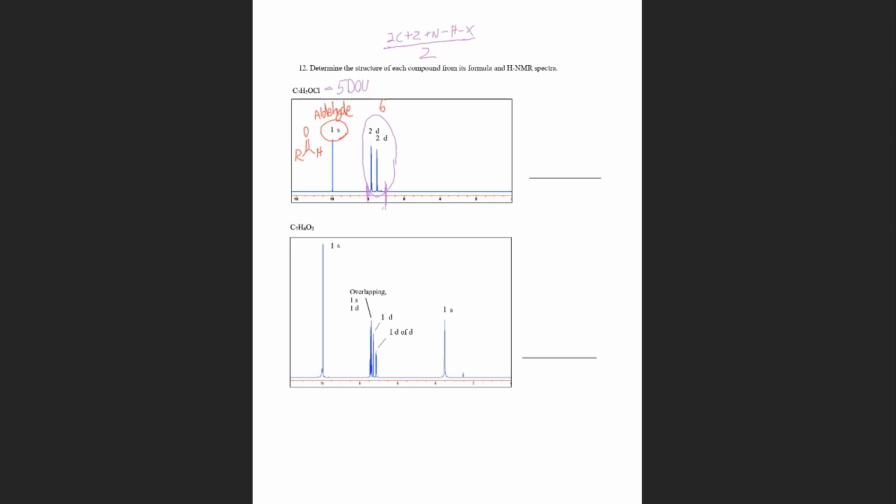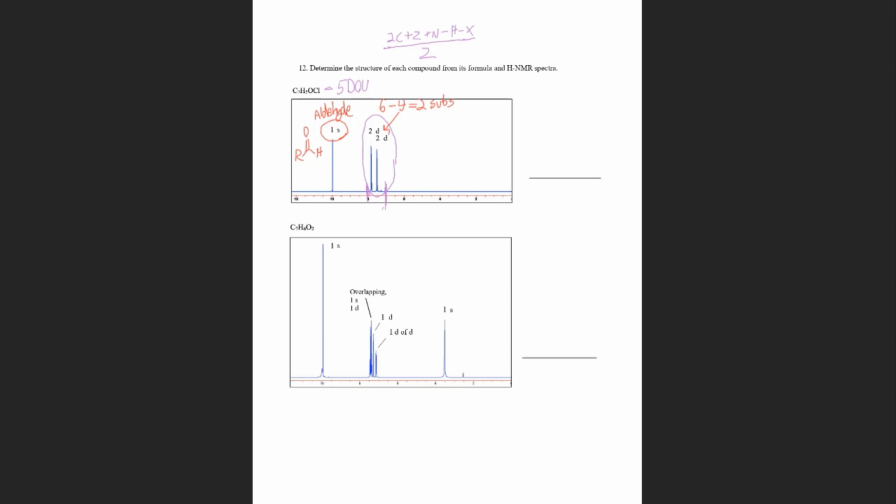So 6 would be, if it was just a benzene ring, every carbon had 1 hydrogen on. If we then subtract 4, because the 4 comes from 2 plus 2, we get 2 substituents. So we know that our ring is going to have 2 groups that are bonded to the ring.